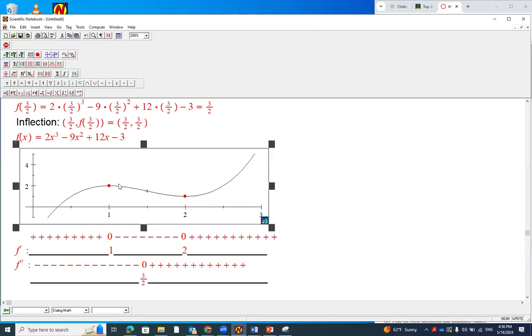Concave down from negative infinity to 3/2, and concave up after. So 3/2 is the point dividing concave down and concave up. So that's the point we call the inflection point.